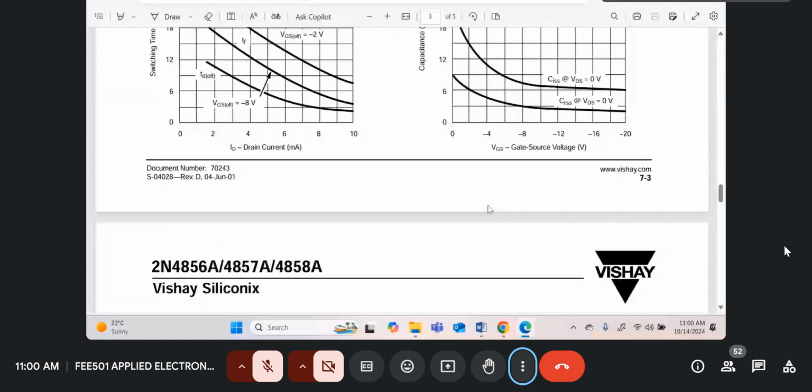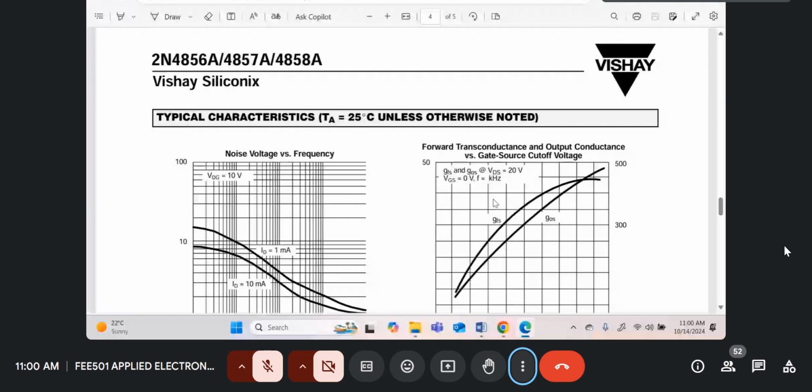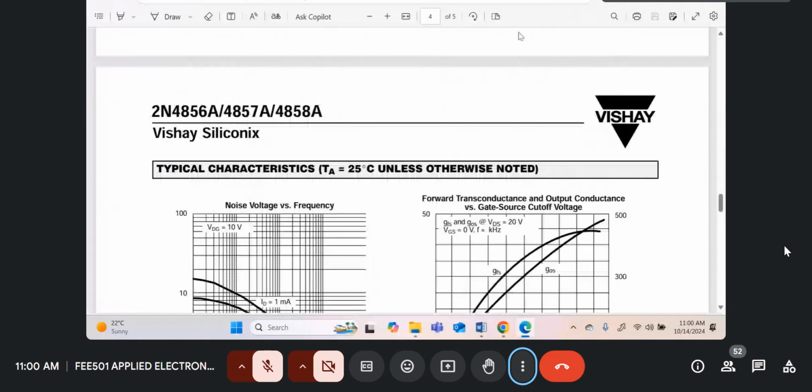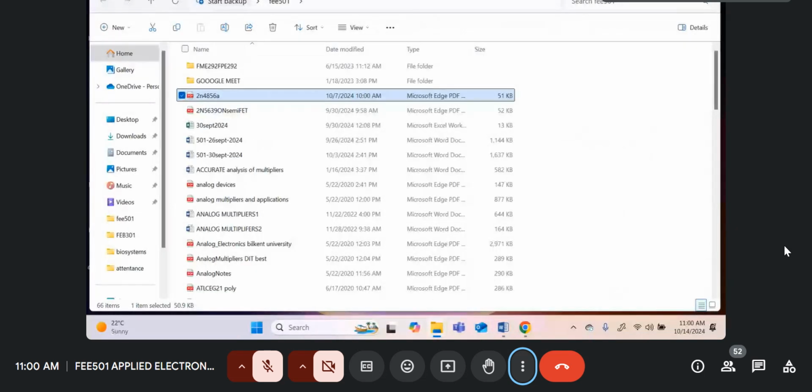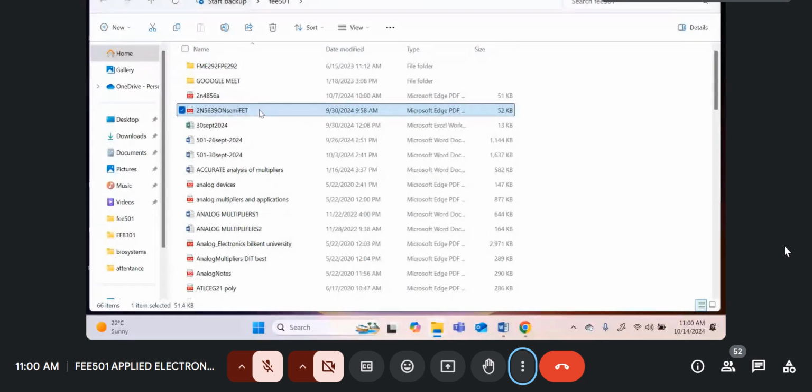In this one, they're not giving us the interelectrode capacitances. Let's see this one from ON Semi.